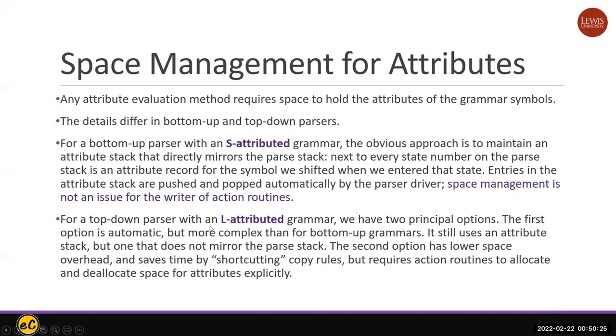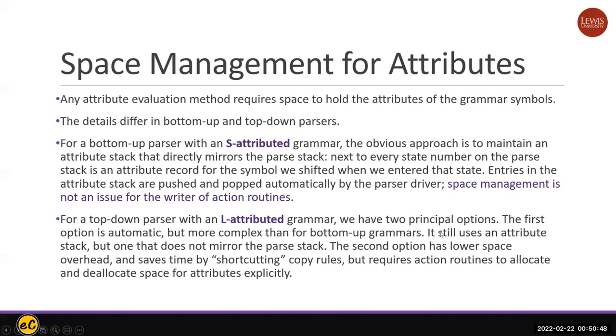For a top-down parser with an L-attributed grammar, we have two principal options. The first option is automatic, but more complex than the bottom-up grammar, so usually L-attributed is more complicated. It still uses an attribute stack, but one that does not mirror the parse stack.